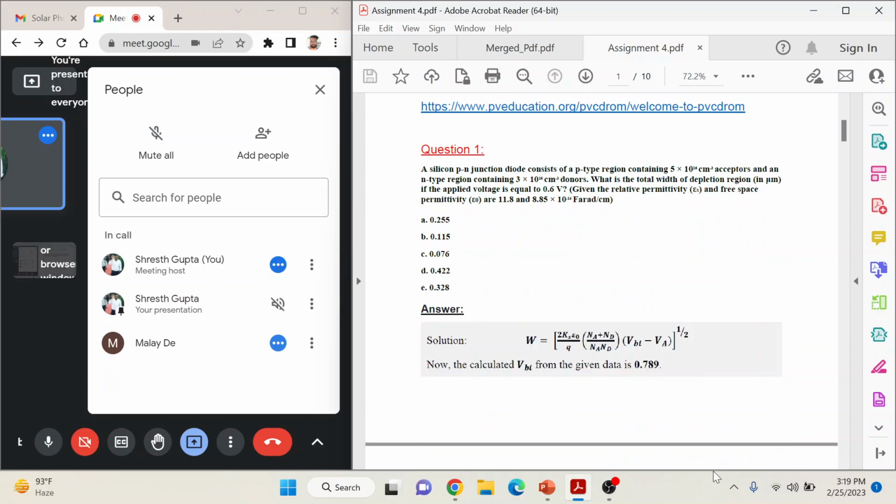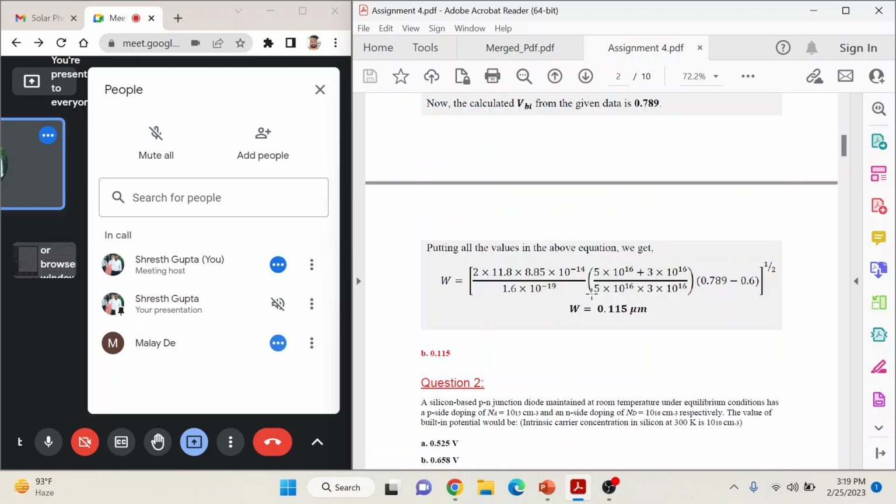We know the formula of the depletion region width W is equal to [2 Ks epsilon naught over q, times (Na plus Nd) over (Na Nd), times (V_bi minus V_a)] whole raised to 1/2. That means this is all under a root. Now the calculated V_bi from the given data is 0.789.